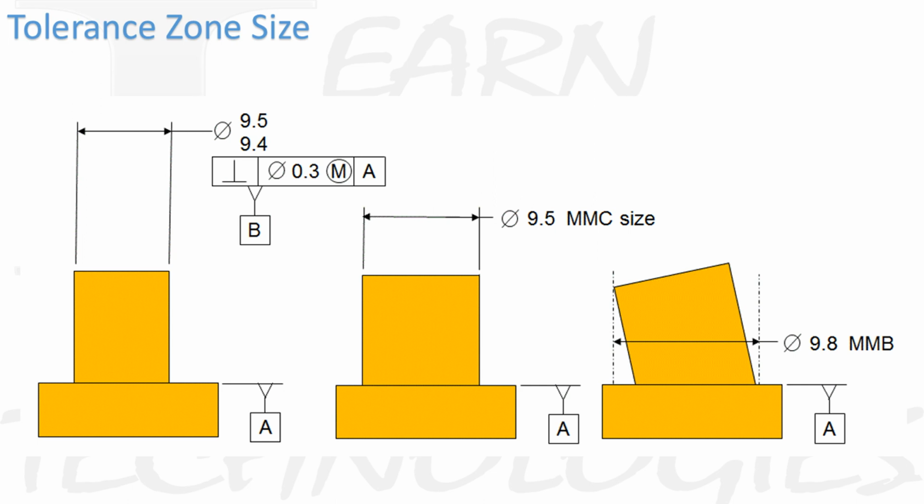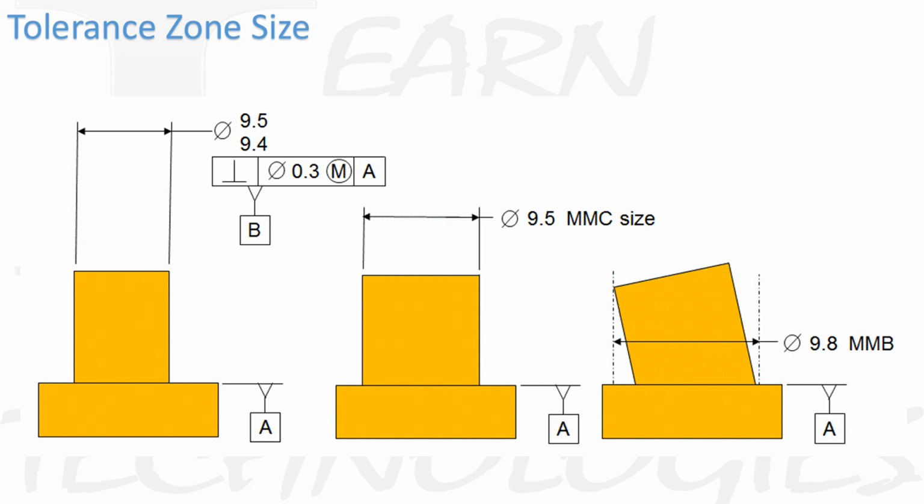For example, we insert a shaft in a hole. The hole size is 9.8 mm maximum, and the minimum is 9.4.